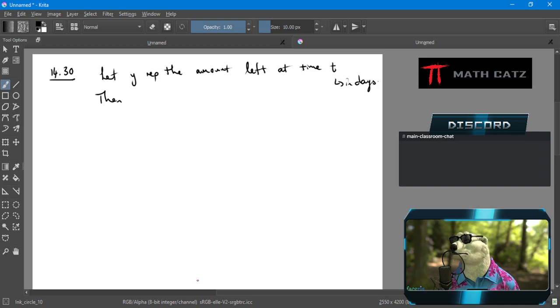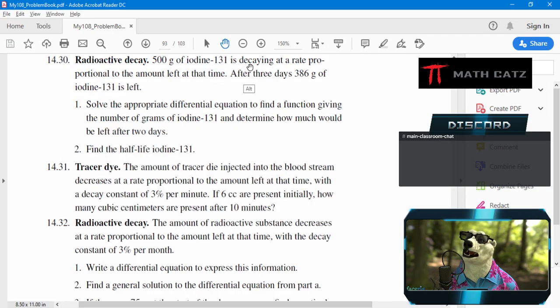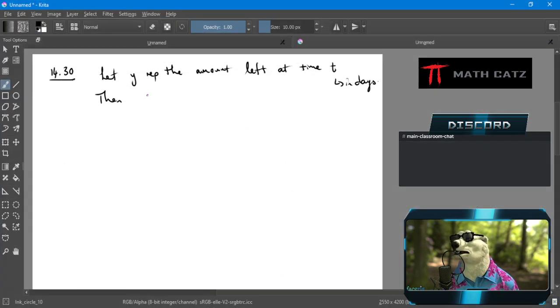Then the sentence, decaying at a rate proportional to the amount left at that time, allows us to translate that to our familiar differential equation with 500 grams originally. Amount in grams, not that we're obsessed with units, but it's good to be aware.